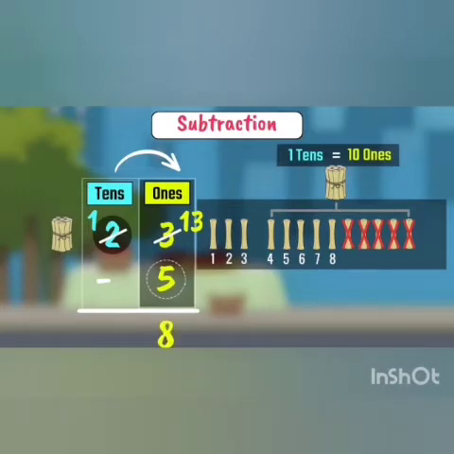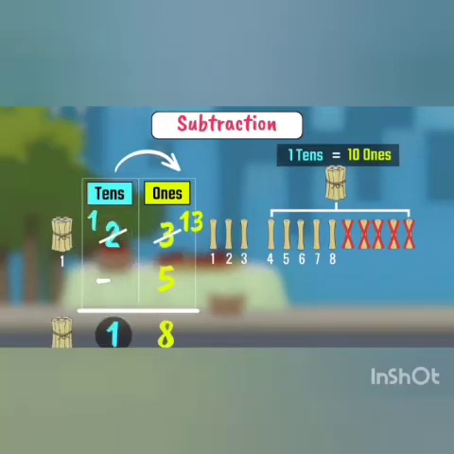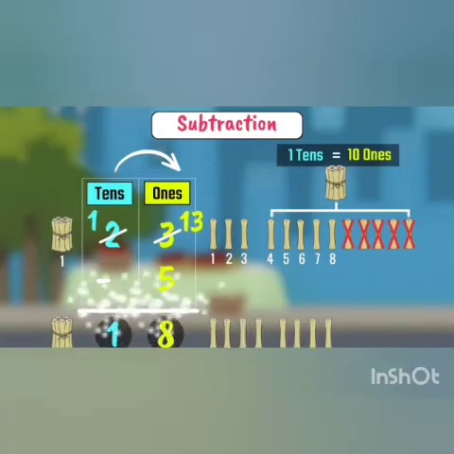Now look at the tens column. Here at tens place we have no other number that can be subtracted from 1. So we will write same number at tens place. So 1 tens and 8 ones. So our answer will be 18.